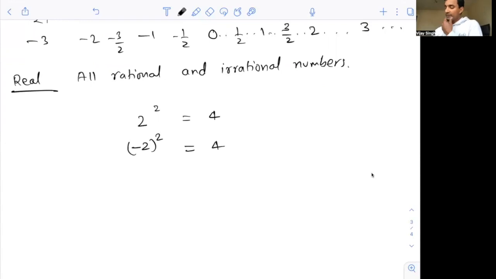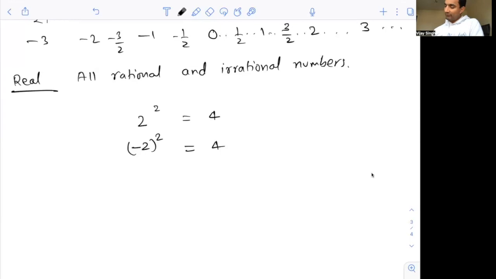This is interesting because here there are two different numbers, plus 2, which is a positive number, and here we have minus 2, which is a negative number. But if you square them, you only get a positive value, right? If you take any negative number and square it, you get a positive number. But we also defined the operation of square root.